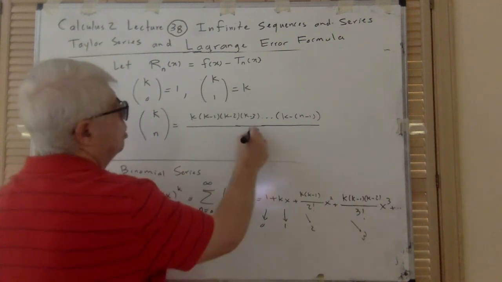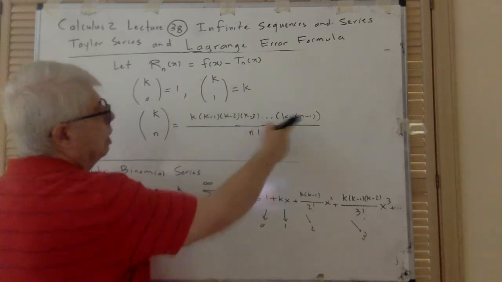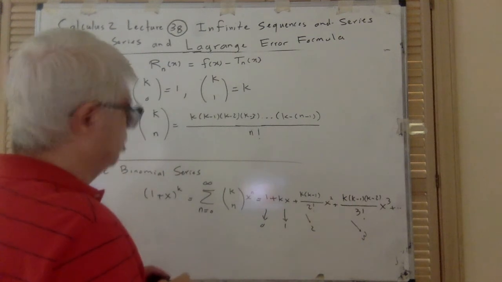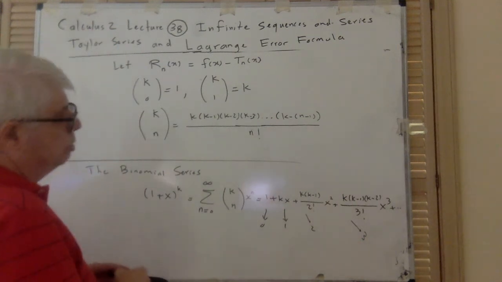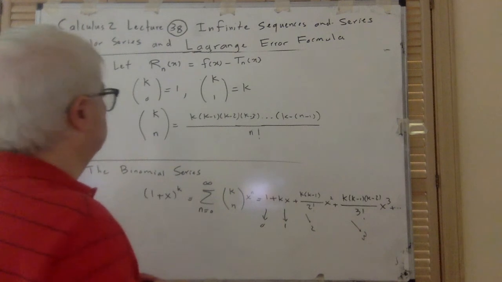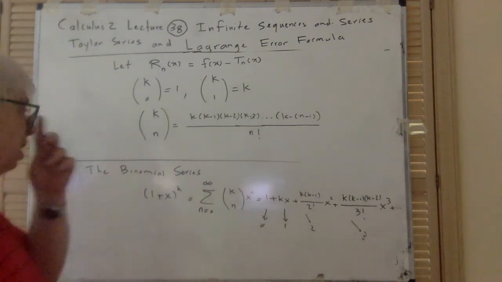The denominator is n factorial, and I have n terms in the numerator. So that is the formula for k choose n.